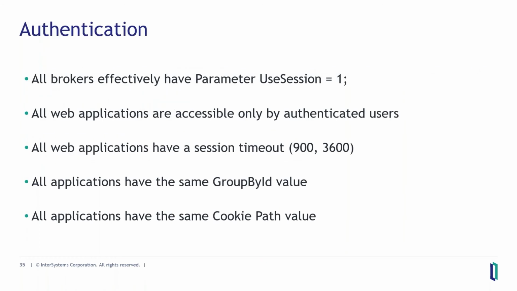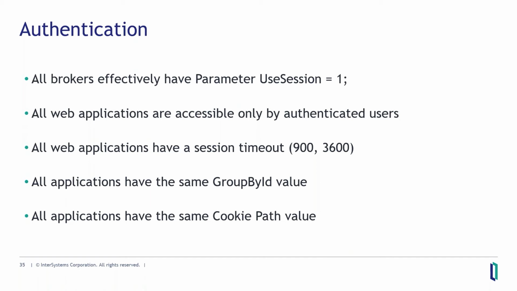Next question is this problem. Let's say you have a REST web application and you also have a client web application. We want a user to have one session and consume one license slot. How do we do that? And we also want the user to log in once.